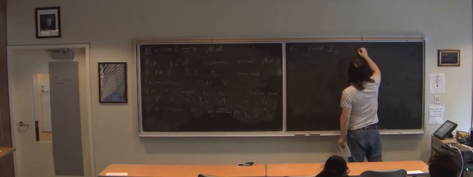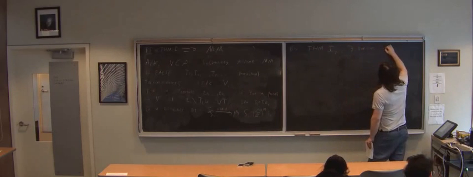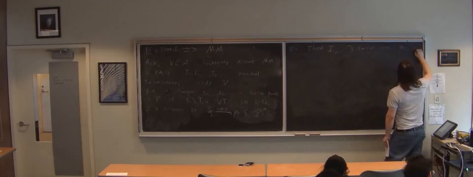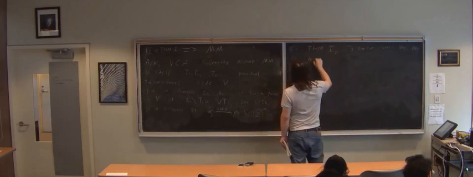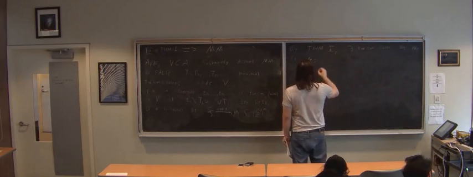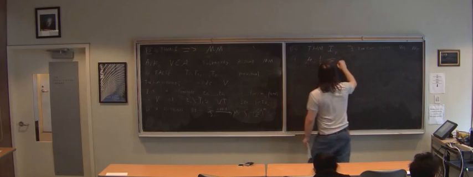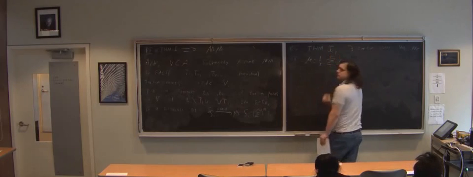There exist torsion cosets W1 through some Wr, such that mu is the average of the Haar measures associated to these torsion cosets.